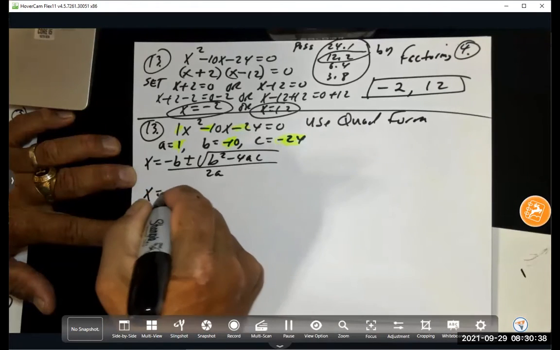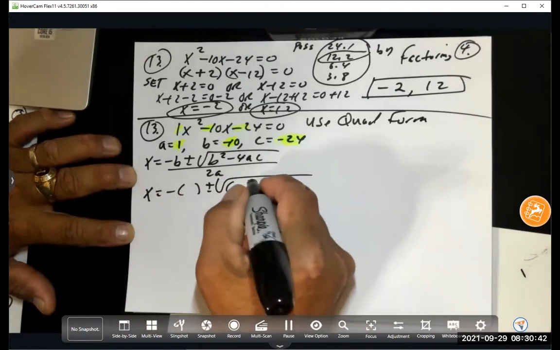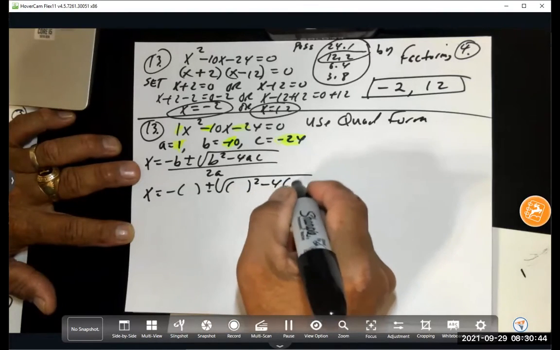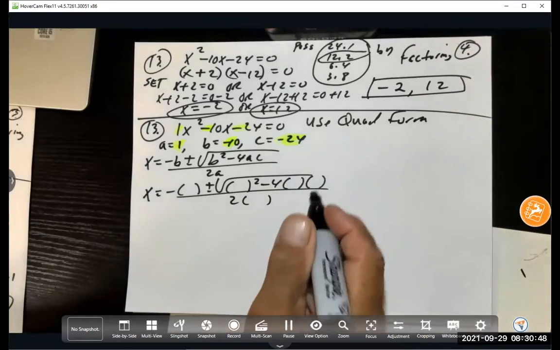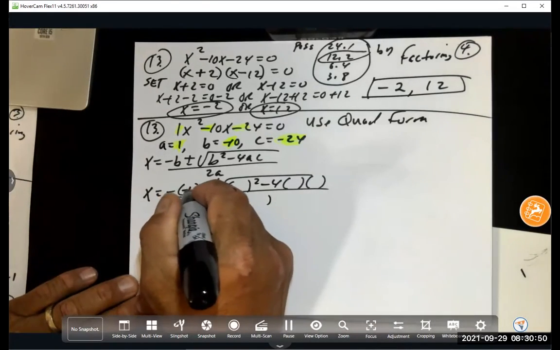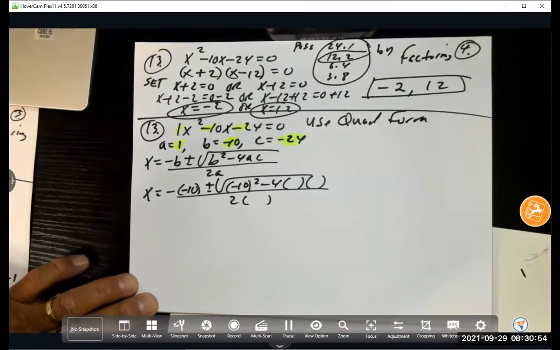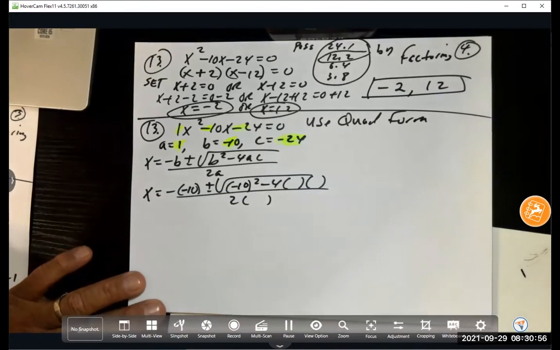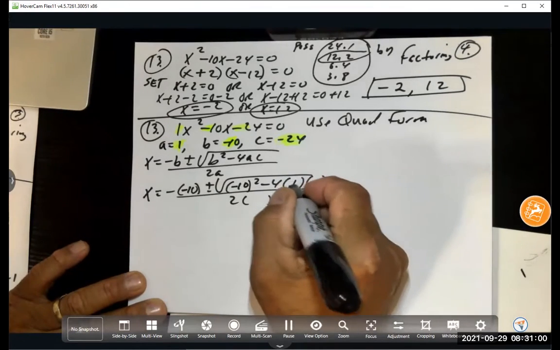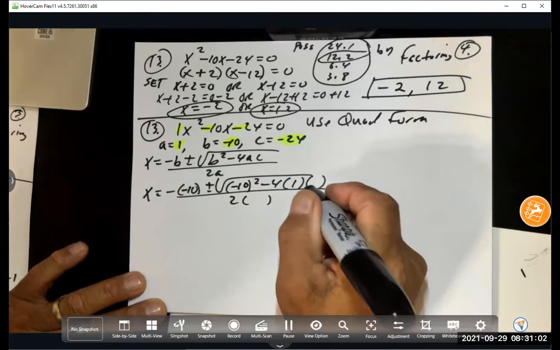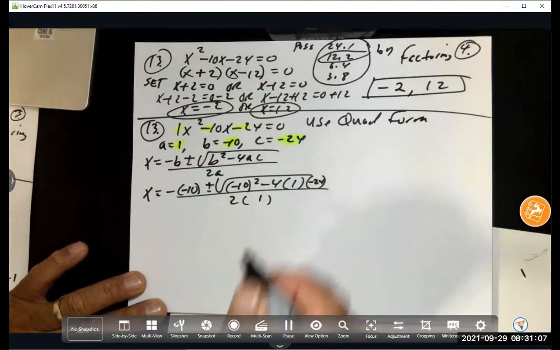So letter B is negative 10. Is everybody okay with negative 10 in there? A is 1. C is negative 24. Okay, is that all right?